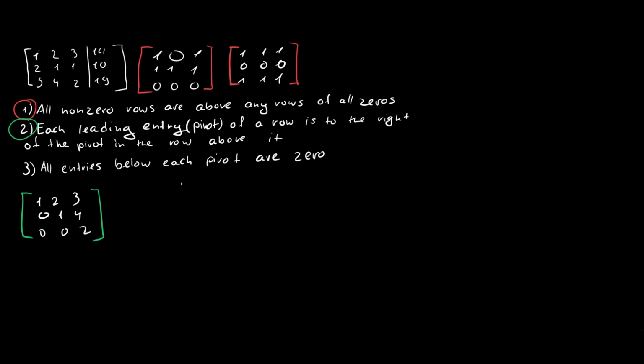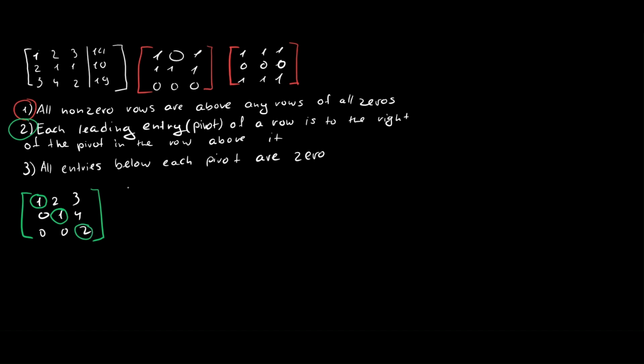As we can see, each leading number of the next row is to the right of the row above. Row 1 has its leading number in the first column, row 2 has its leading number in the second column, and row 3 has its leading number in the third column.